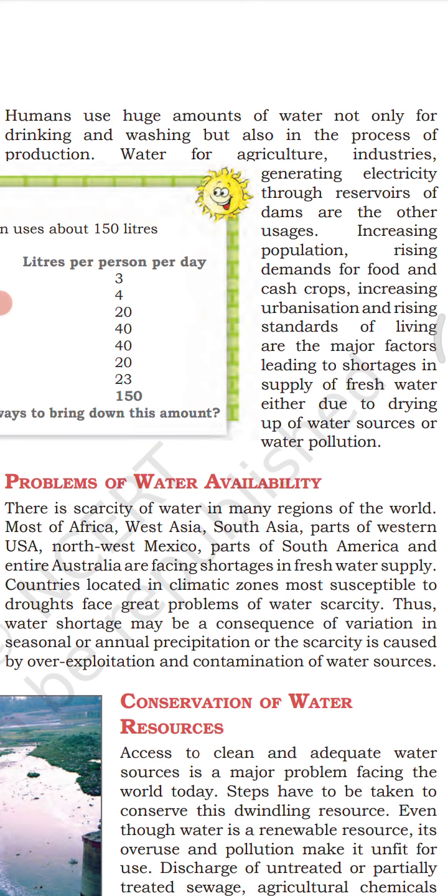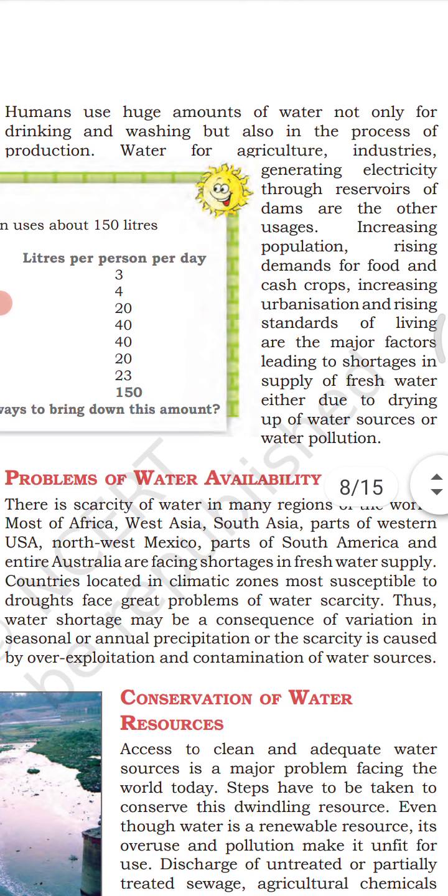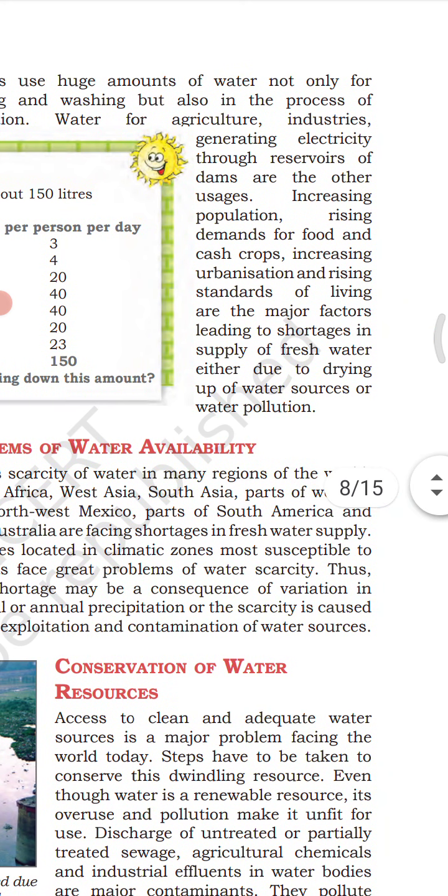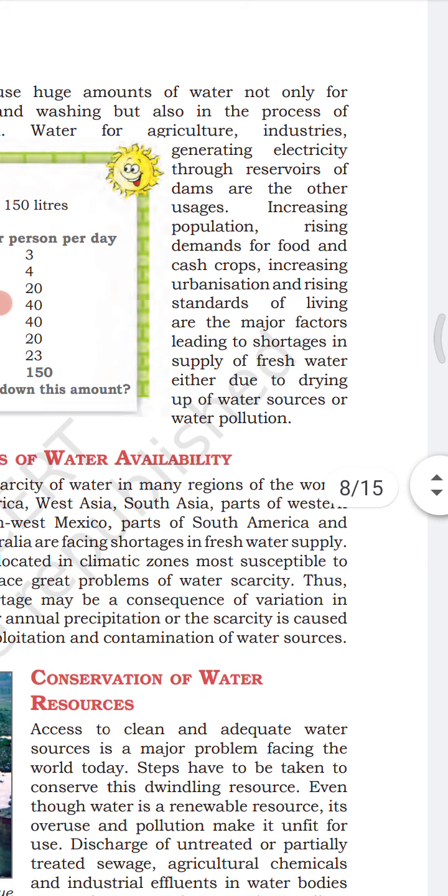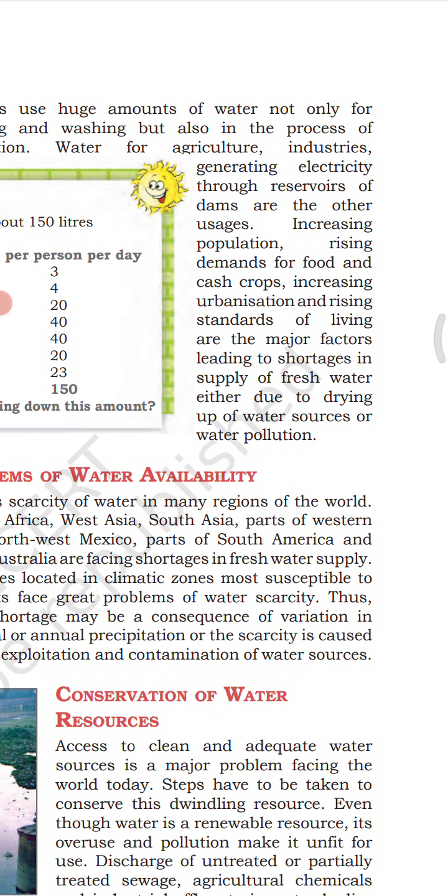We use water for drinking, for other domestic work, for washing, but also for irrigation, because these days we use pesticides and chemical fertilizers, and the more chemical fertilizers we use, the more irrigation we need. So there is more consumption of water.